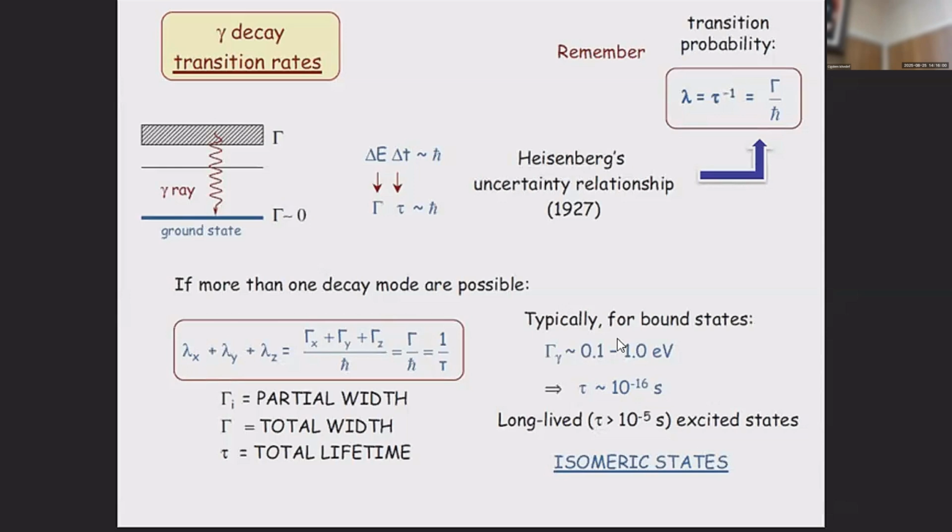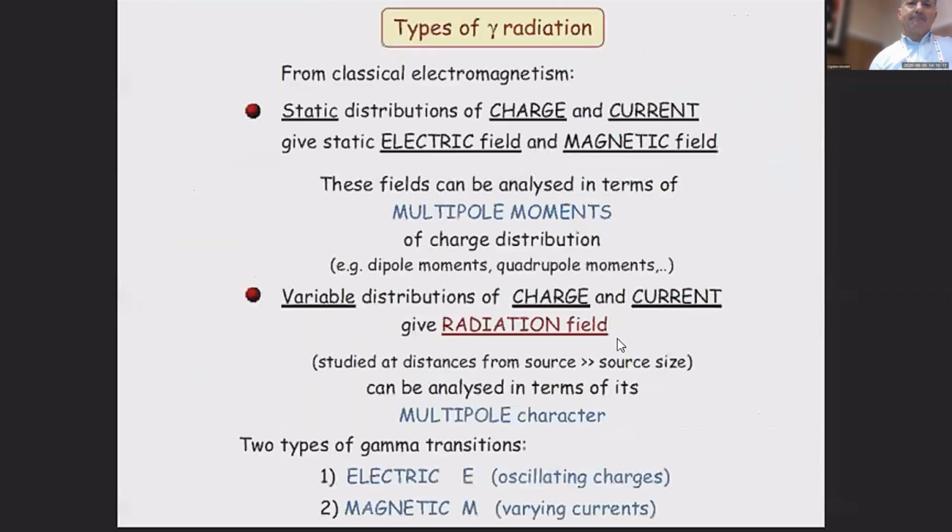Therefore, we predict the half-life of that particular case. If they live very long, meaning 10 to the minus 5 seconds, then these are called isomeric states.